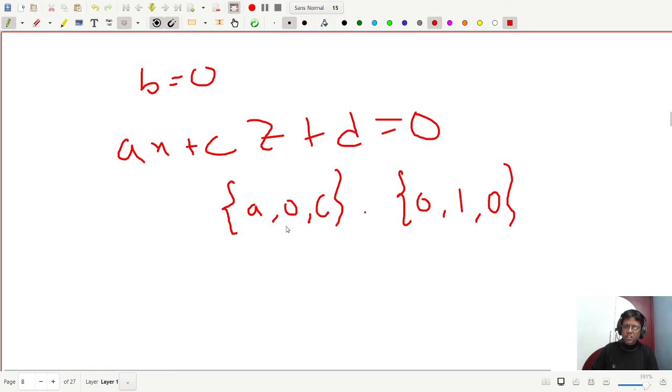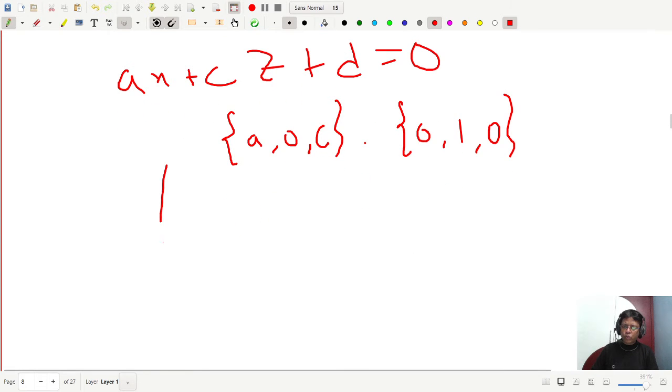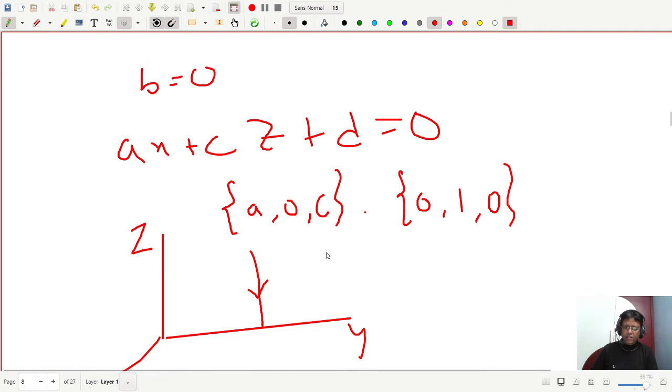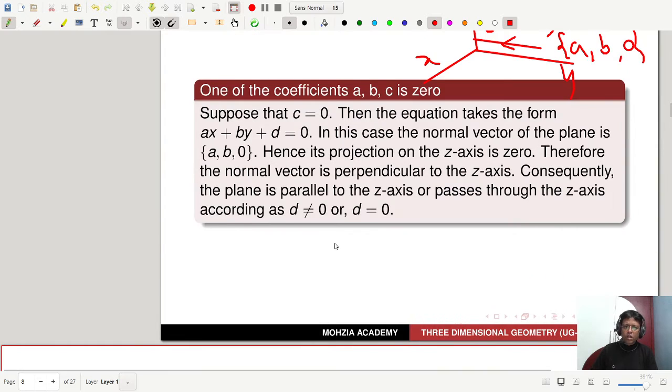So that means this normal vector is perpendicular to the y-axis. If you take y this way, this is your x, this is your y, this is your z. So this is your normal vector (a, 0, c), and this will be perpendicular to the y-axis. Or you can say the plane is parallel to the y-axis or passes through the y-axis according as d not equal to 0 or d equal to 0.